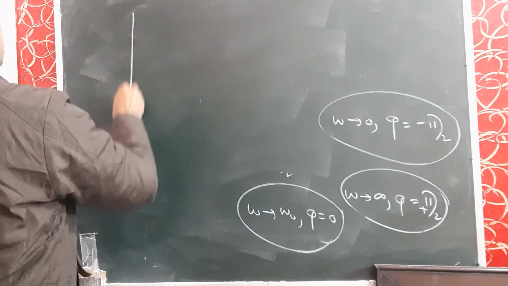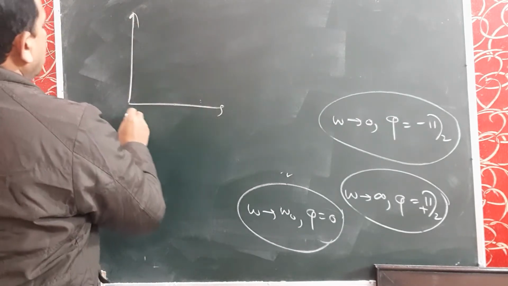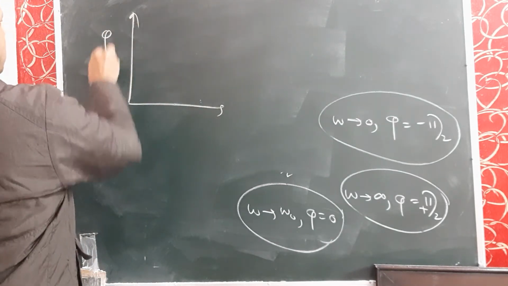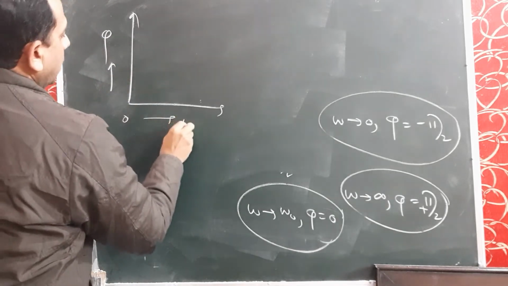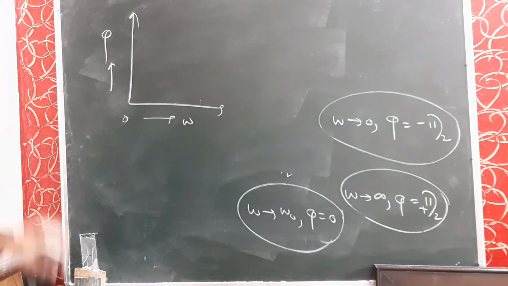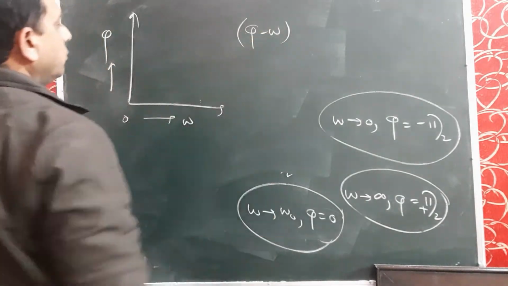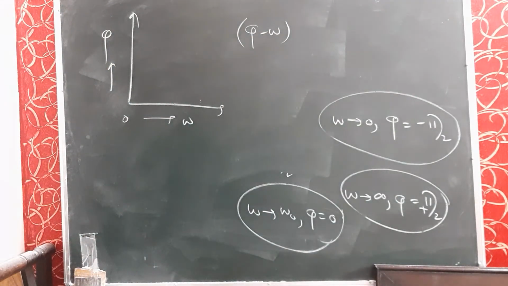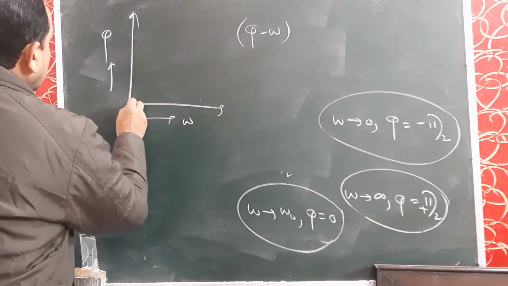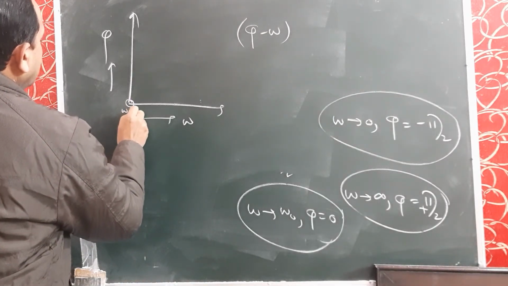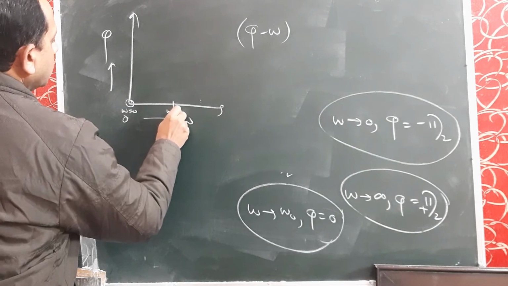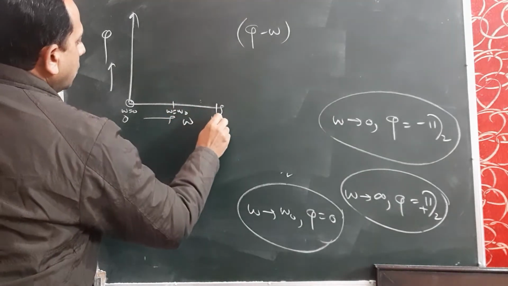We will draw a plot between phi along this side and omega along this side. This is called the phi omega graph. There are three values of omega: the first point, omega is 0; the second point, omega is equal to omega naught; and the third point, omega is infinity.